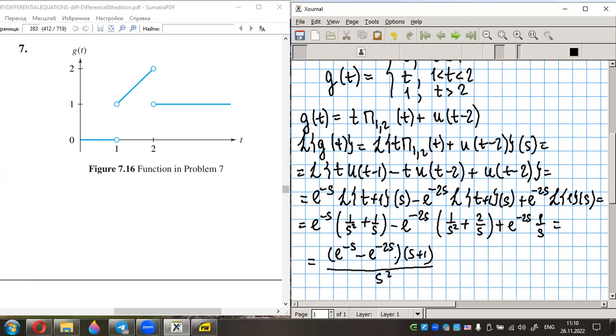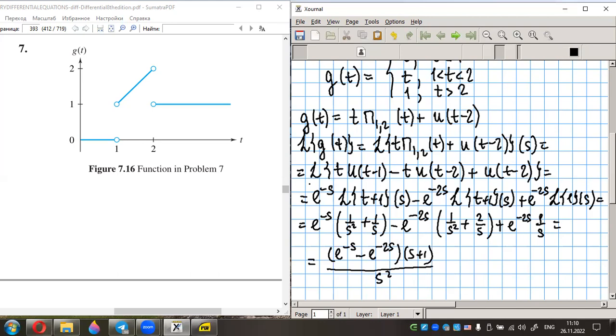In the third one, u(t minus 2), our g(t) is 1, right? So when we add t plus a, our a is 2, so it should be the Laplace of 3. Why is it 1? I didn't understand. Okay, just a minute.